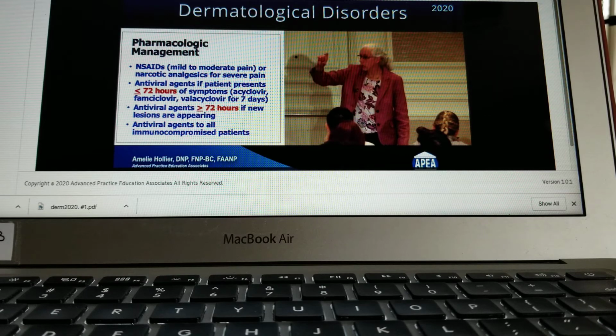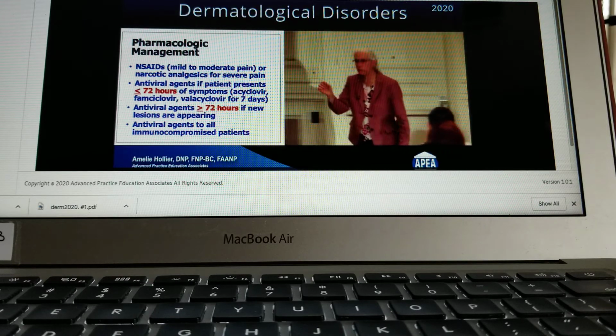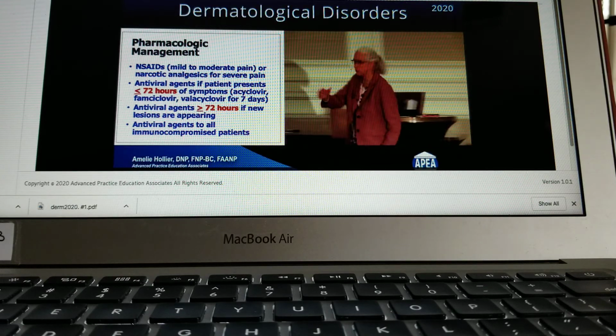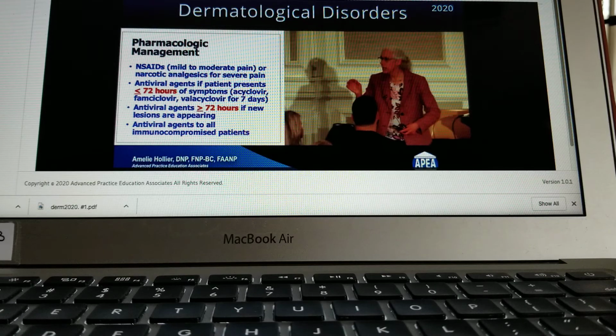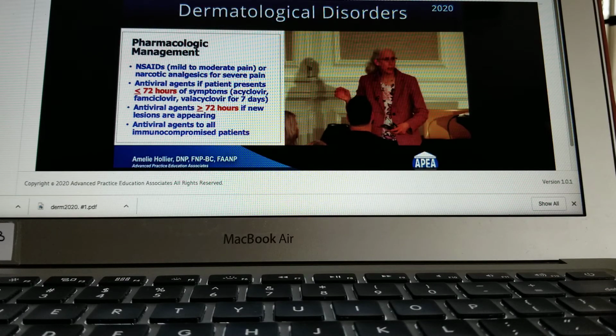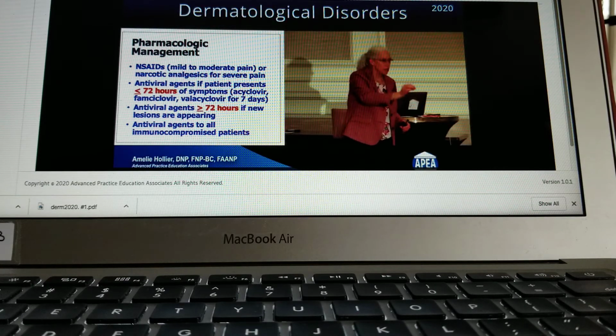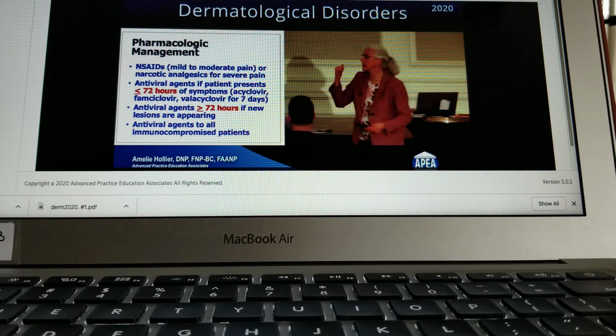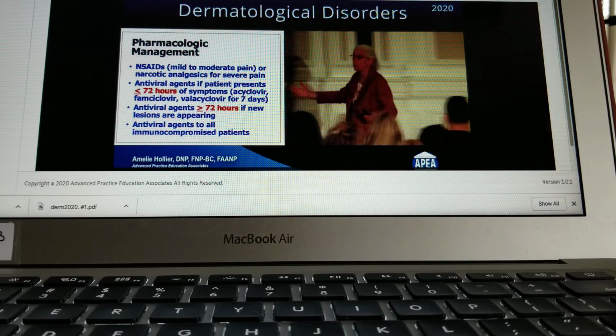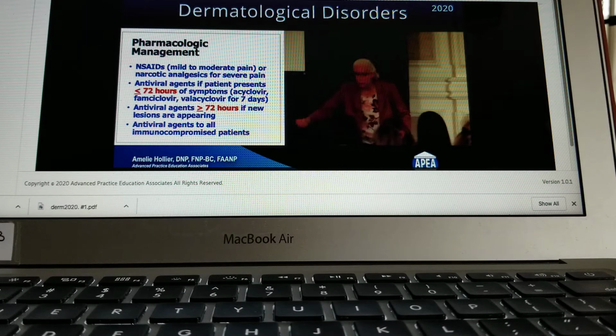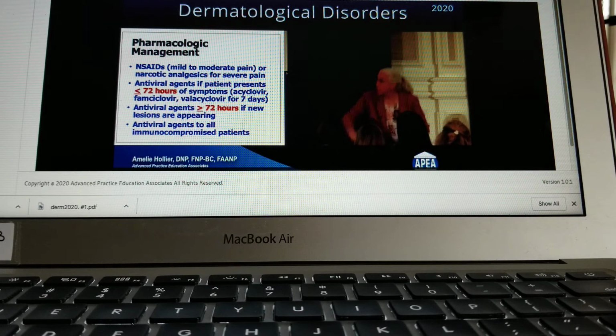When you look at an over-the-counter dose of ibuprofen, it's 1 to 2 tablets. That amount of ibuprofen, 200 to 400 milligrams every 4 to 6 hours, is not for inflammation. That's an analgesic dose. So when you use an NSAID in an older adult or anybody with shingles and you're trying to address inflammation, you have to give that 600 to 800 milligram dose.